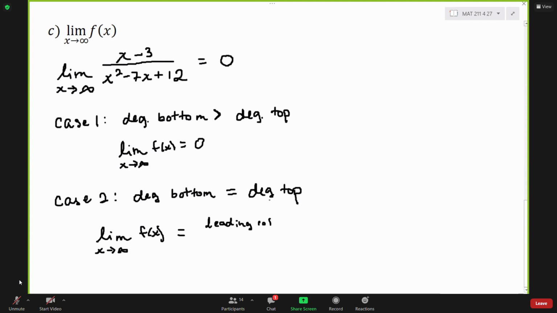Which means the leading coefficient of the top over the leading coefficient of the bottom.